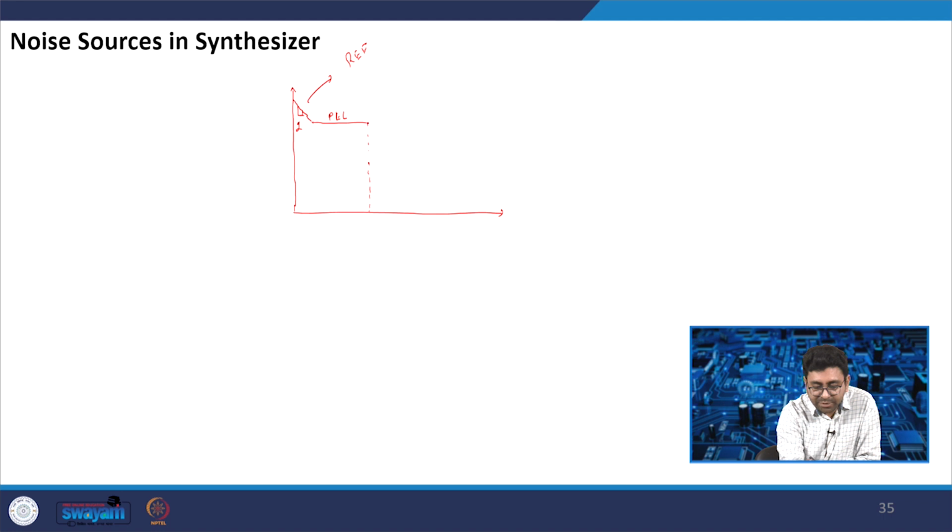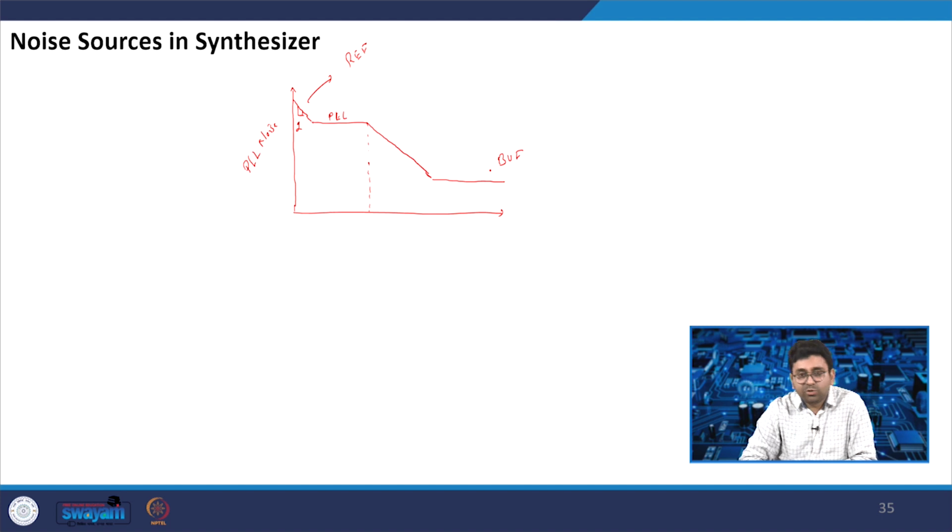Again at very high frequency beyond the PLL bandwidth, the VCO will dominate the noise. So, this is the PLL noise here, and after that, if there is a buffer, the buffer has a wider bandwidth, so the buffer will dominate. So, this is how the various noise sources will be there in the synthesizer.